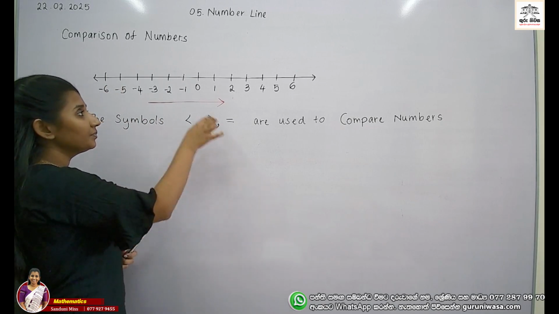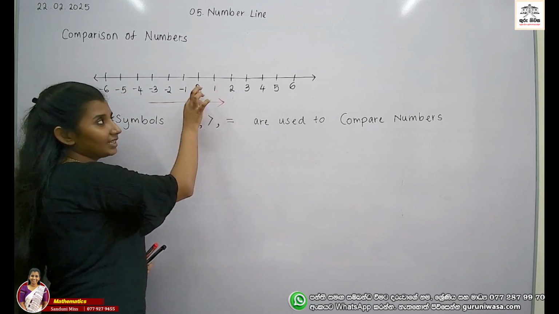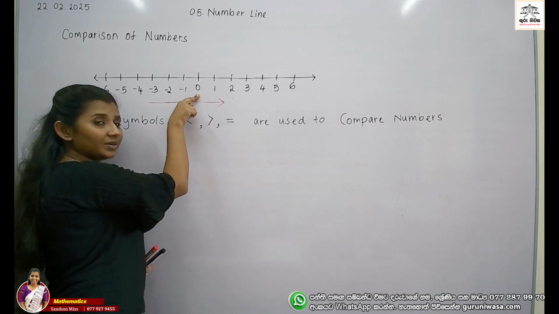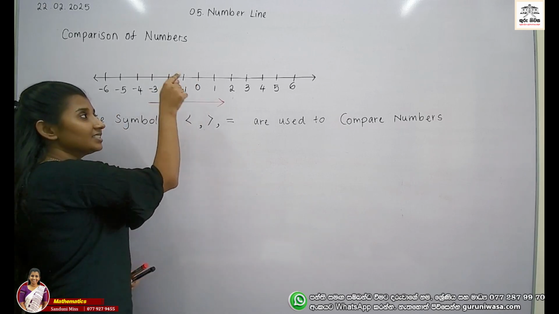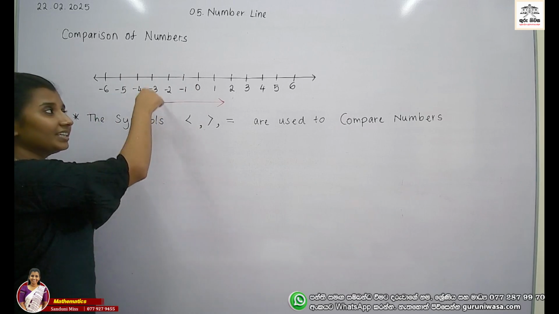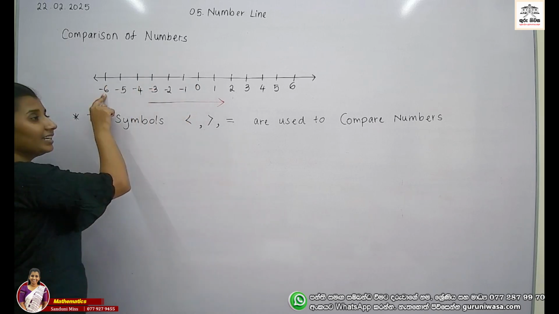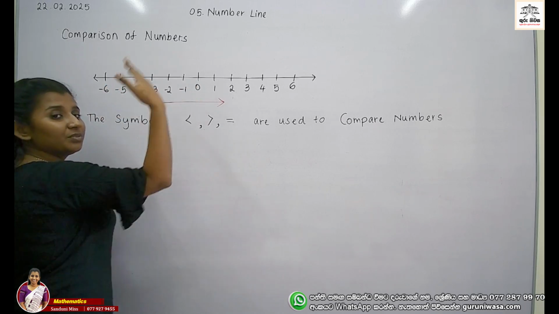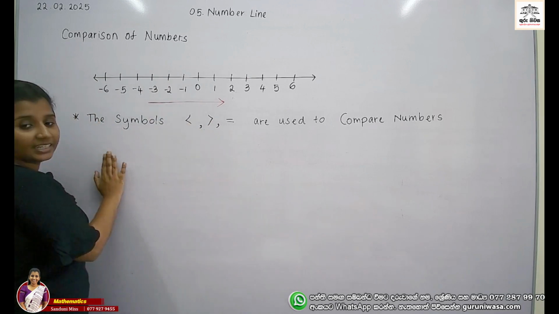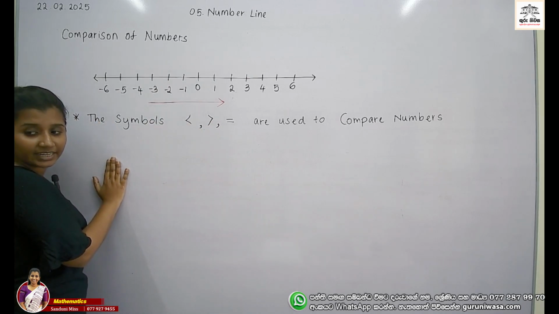What you can conclude: now 2 is greater than 0, we know. 0 is greater than negative 1. 0 is greater than negative 3. 0 is greater than negative 5. 0 is greater than negative 6. Always the number on this side is greater than the number on this side.